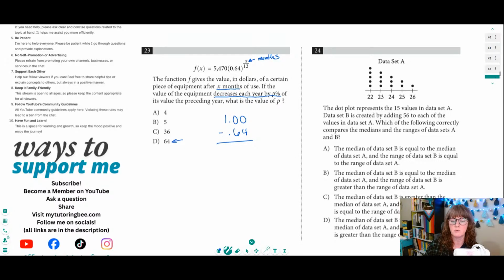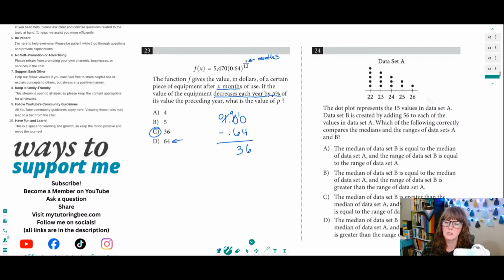But we need to subtract this because that's how much it's actually going down each year. That's how much we're losing each year of whatever it is that we're counting with this piece of equipment. So when we go ahead and subtract this, we're going to get 36. So this is decreasing by 36% each month.